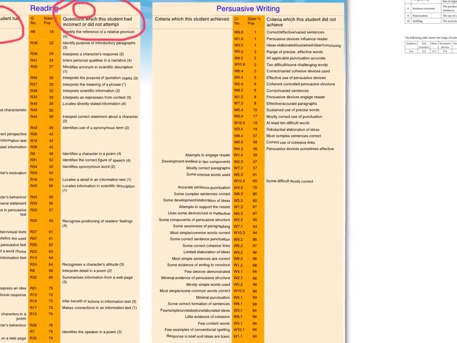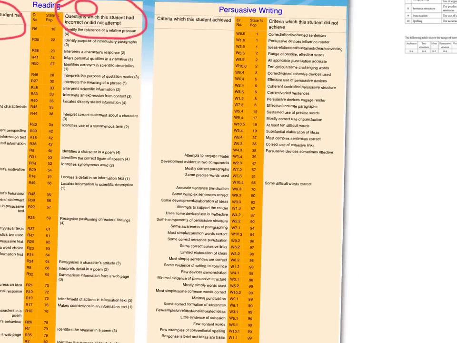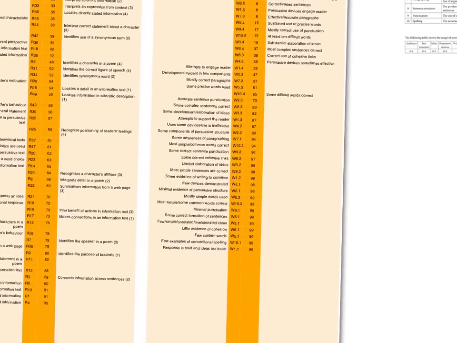So the first thing that's similar is, again, the questions are organized in decreasing degree of difficulty. In other words, all of the easy questions start at the bottom. And what you can see here, for example, is that 99%, 98%, 96% of students were able to do all of these things, which is some of the different skills that were assessed in your persuasive writing at a very basic level.